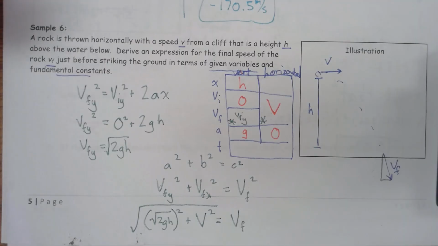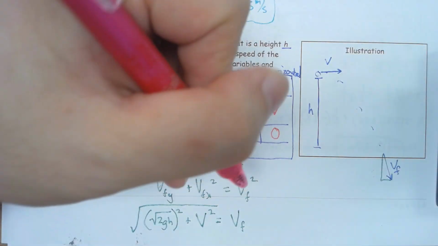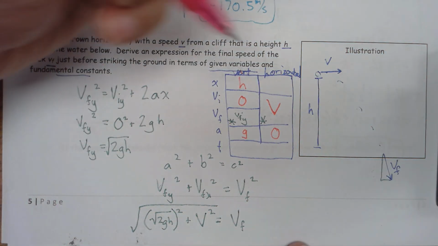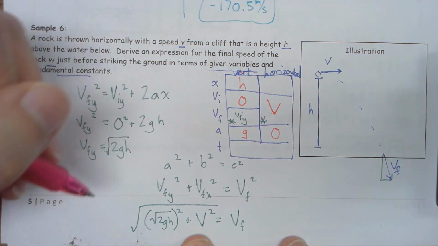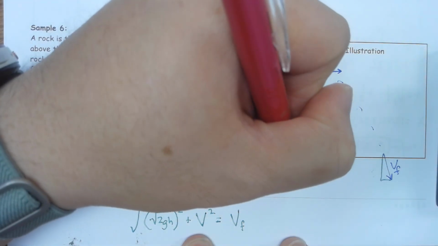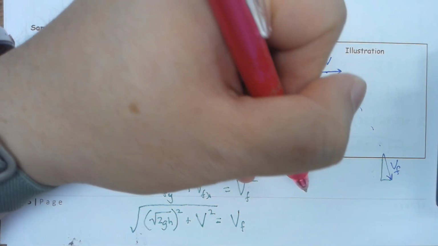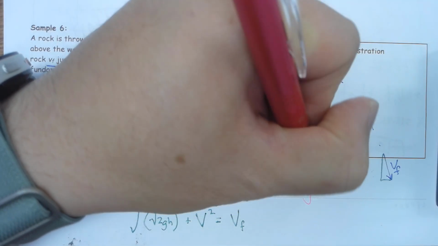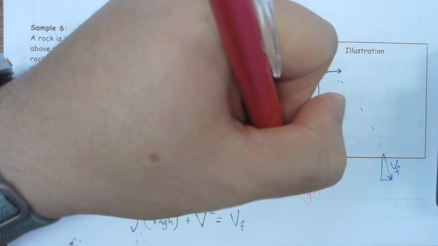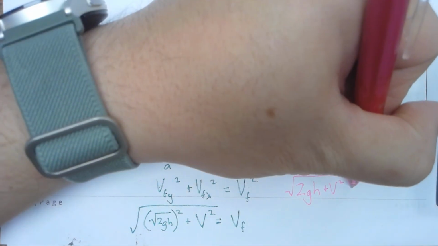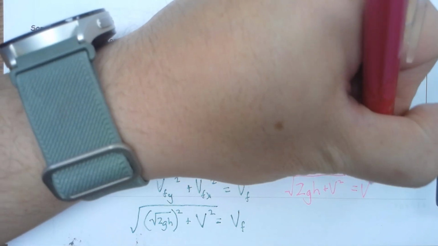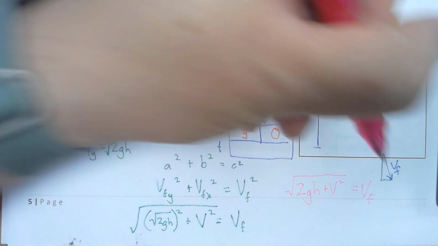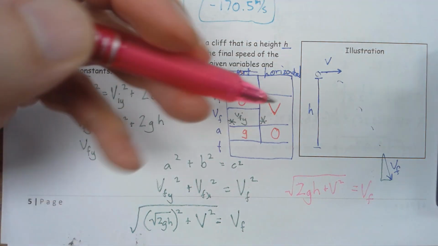Hate's such a strong word. Some of them might hate it. Math teachers, you know, some of them have opinions. At least my math teachers did. So here we have the square root of 2GH plus V squared, that's a little bit cleaner, equals VF. And you know what happened to this squared, right?